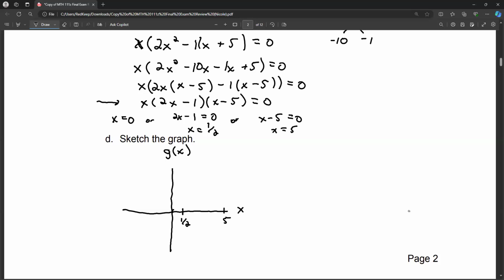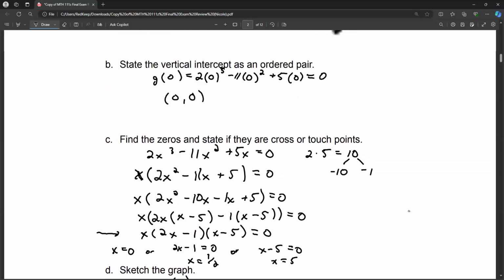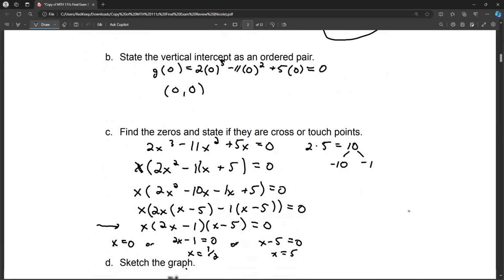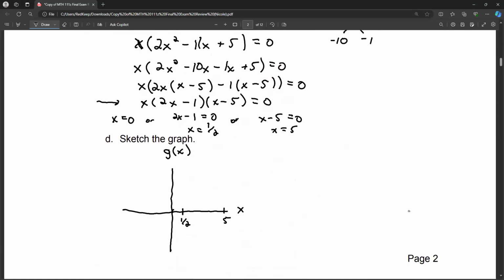You probably want to add some tick marks here as well for more information. I believe we talked about the end behavior in part A, if you recall, and we saw it potentially as this kind of behavior here. So we can put all of this together. We know that initially the function must be coming from down below, like so, and I'll add an arrow here.